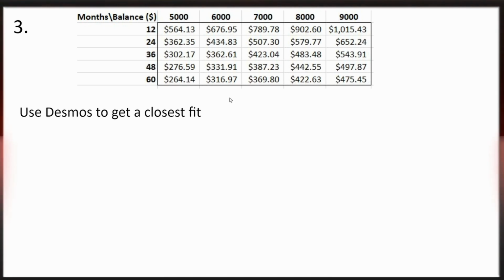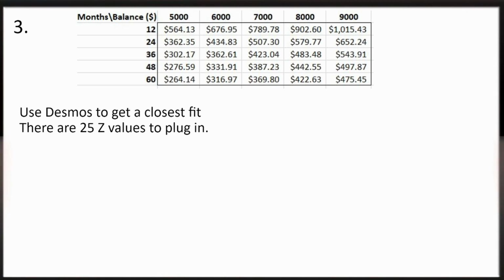All right, so we're going to move right into Desmos. Now, what's important about this, very, very important, is that you are using all 25 z values from the table. So you need to plug in every x, every y, and every z value from that table into Desmos.